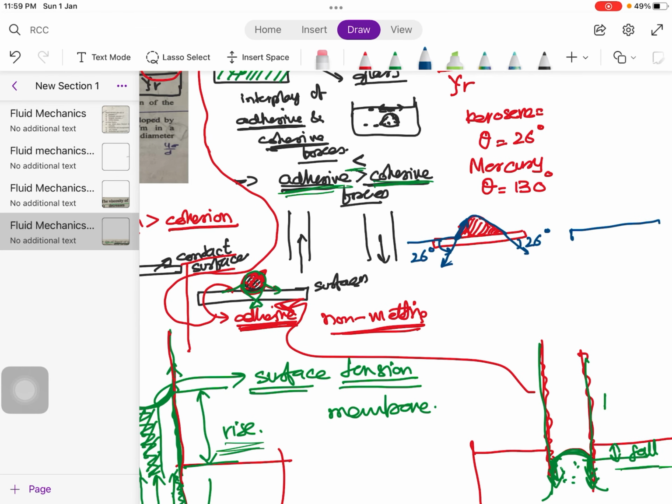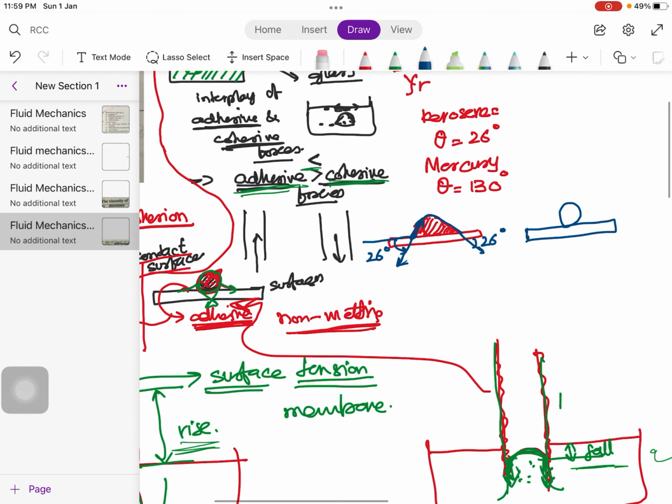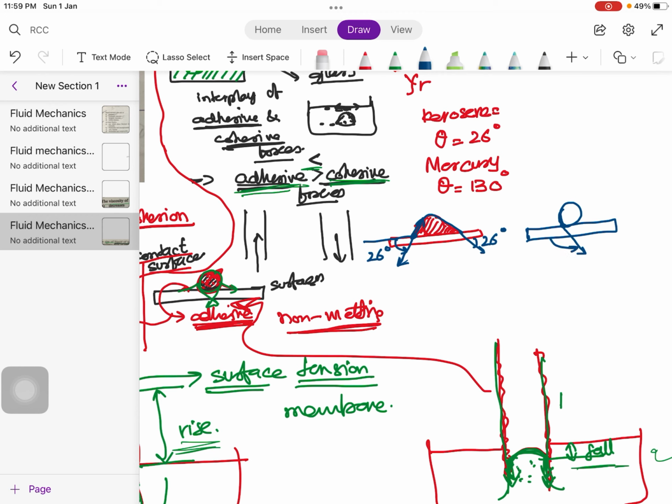If this droplet was mercury, the cohesive forces in this case would be extremely dominant, and this tangential line drawn at the contact of mercury and glass would be close to 130 degrees inclined to this glass surface.